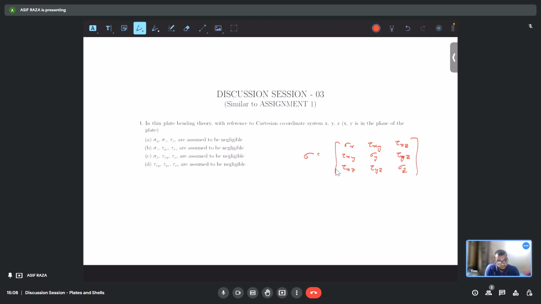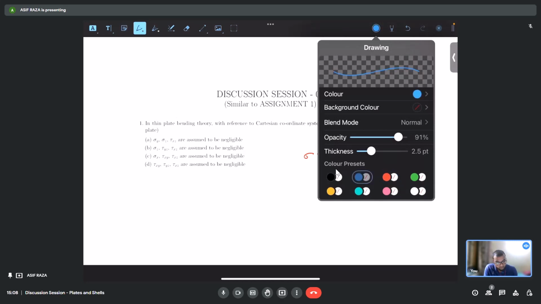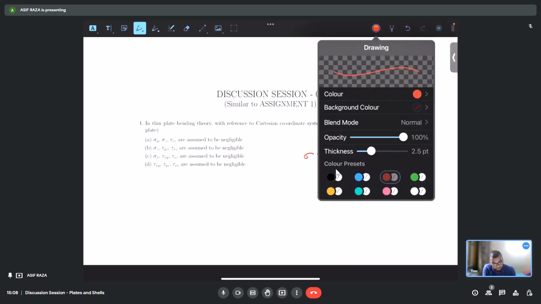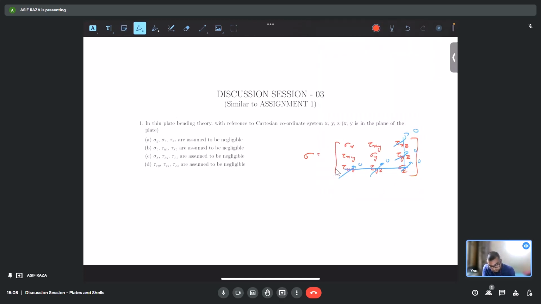So the dimension with respect to the z coordinate would be tending towards 0. That would be neglected, so that these are assumed to be 0. So the correct answer would be the second option, sigma z, tau yz, tau xz are assumed to be negligible.